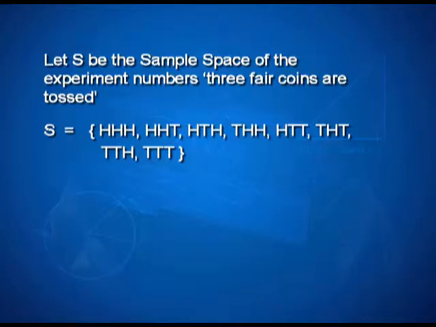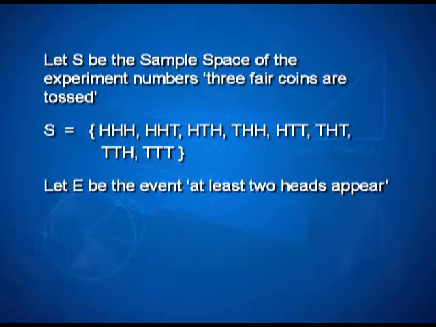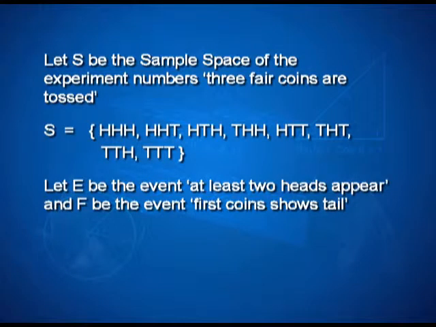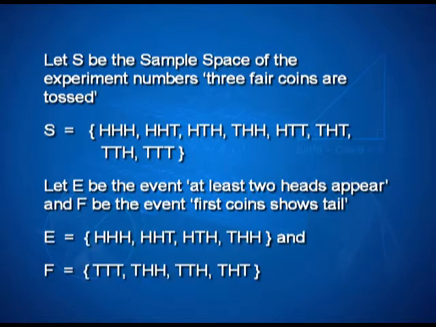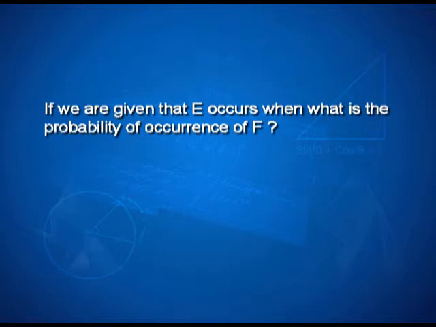Let us describe event E to be that at least 2 heads appear, and F to be the event that the first coin shows tail. Then you can always represent the 2 events in roster form. Now, let us look at the situation where E is known to have occurred.